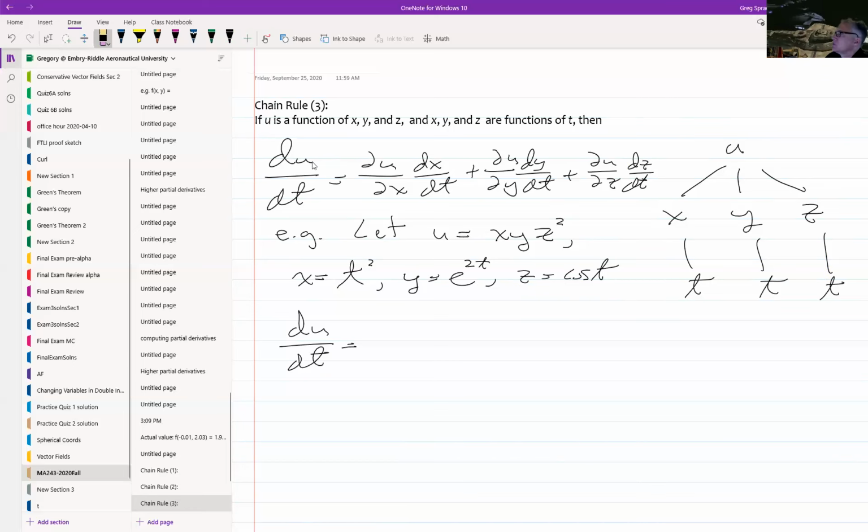So after drawing the tree and writing the chain rule, I have del u del x is yz squared. Dx dt is 2t. Del u del y is xz squared.